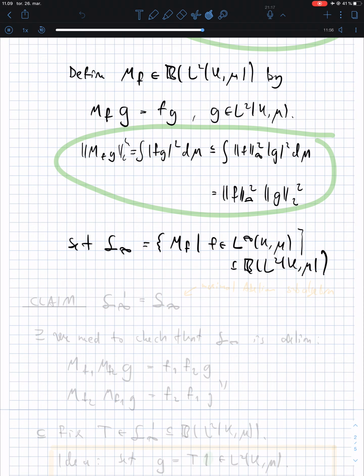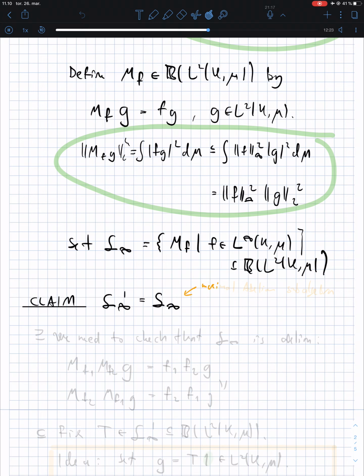Right? So this is where we're headed with this. Now, I'll make that as a claim. So what I would like to convince you of is that when I compute the commutant of L infinity, I get L infinity back. Right? So this actually tells me something a little bit stronger than what I just said.